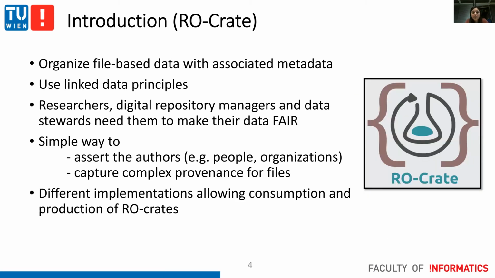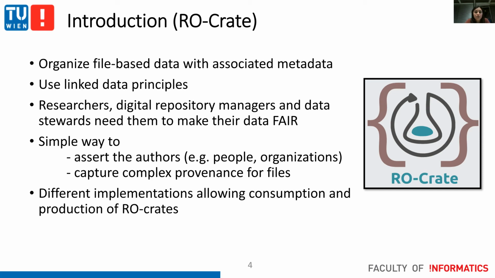So RO-Crates organize file-based data with associated metadata. It uses linked data principles and it has JSON-LD format. It is a simple way to assert the authors, for example the people and the organizations, and it also captures complex provenance for files.